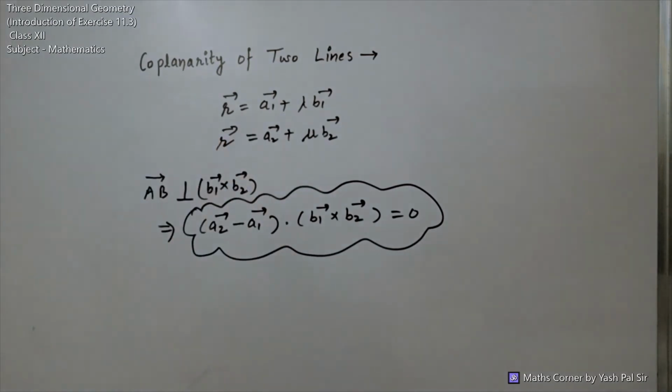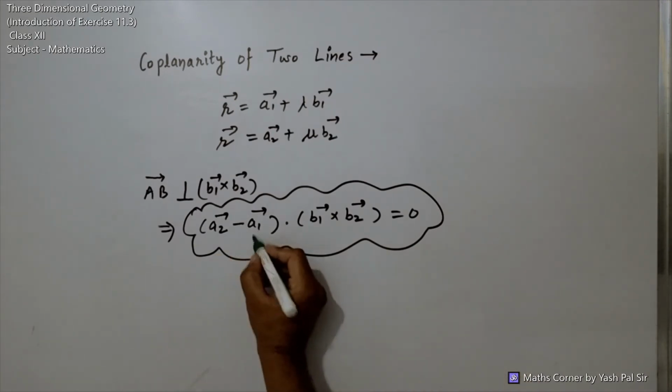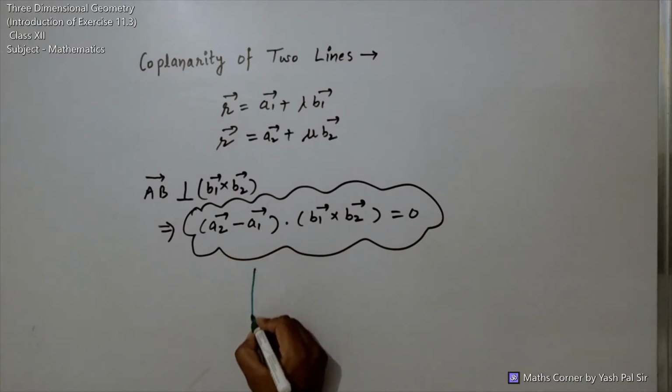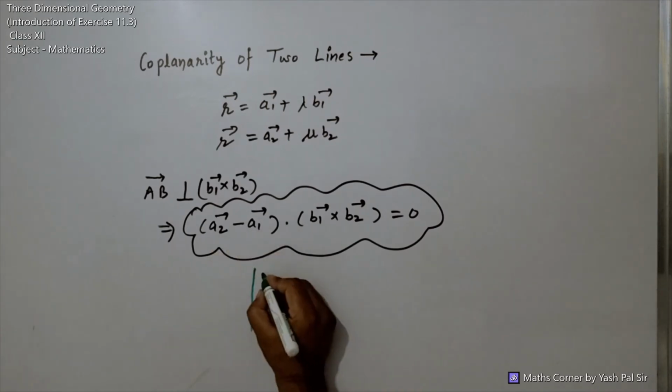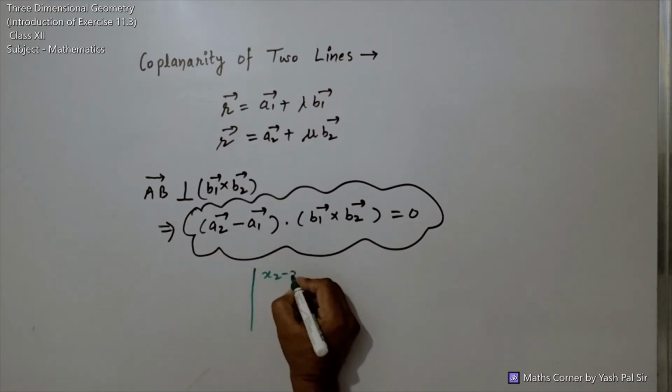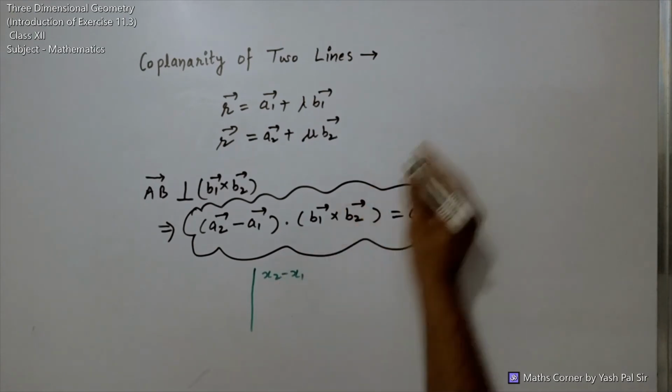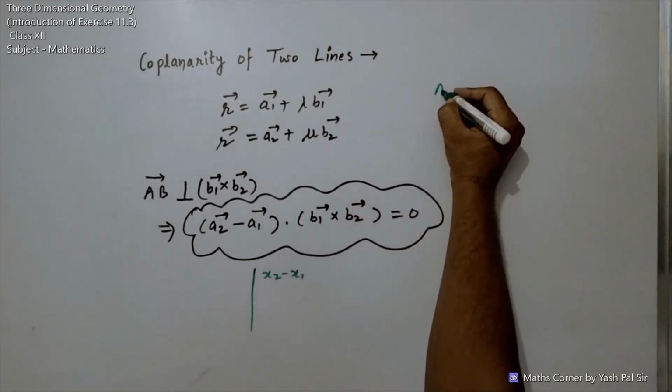where the first line is... two lines are coplanar, they lie on the same plane. Also, if we want to convert this into Cartesian form, then we can write this way: a2 minus a1 is equal to x2 minus x1.